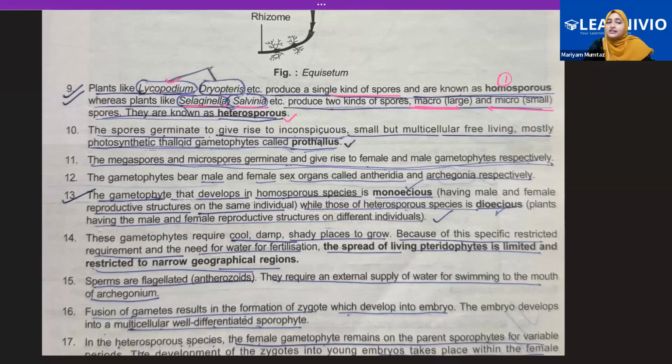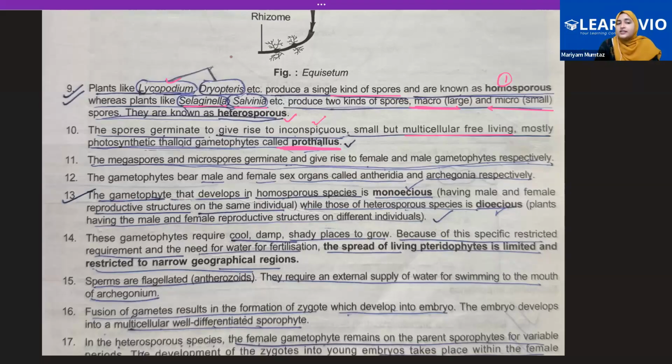Now, when these spores germinate, they give rise to an inconspicuous, small but multicellular free-living photosynthetic gametophyte called prothallus. The name of the gametophyte in the case of pteridophytes is prothallus. It is very small and reduced, but it is photosynthetic, meaning it will synthesize food by the process of photosynthesis.